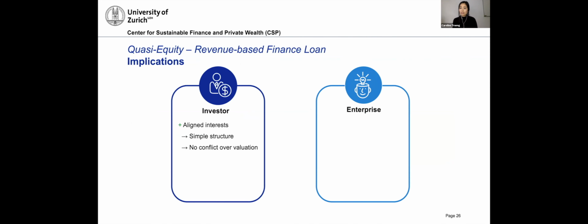It offers flexibility because it can be structured in a way to fit the interests of both the investor as well as the enterprise. There's no conflict over the valuation of the enterprise, and both the enterprise and investor have the incentive to increase revenues.